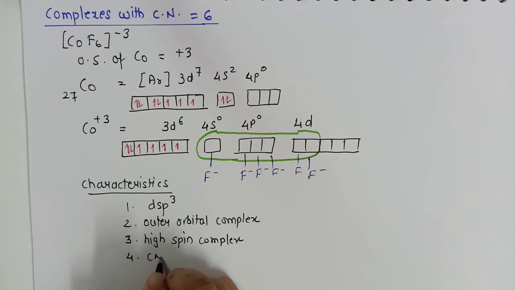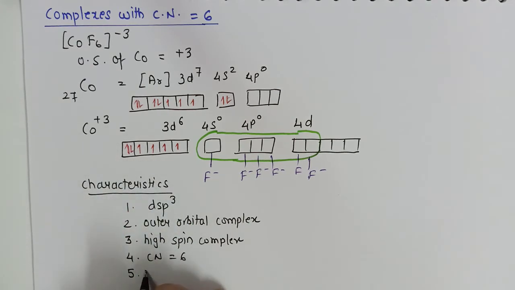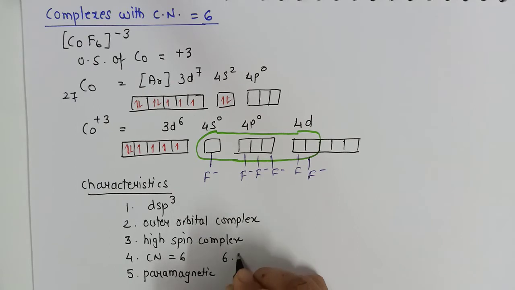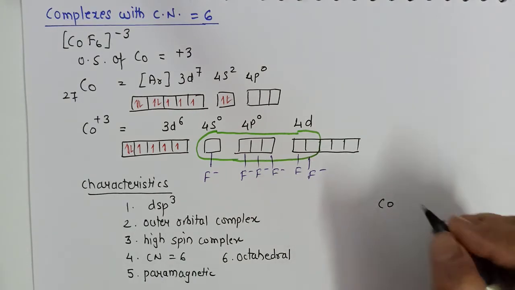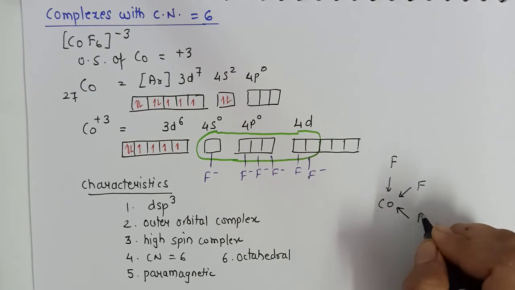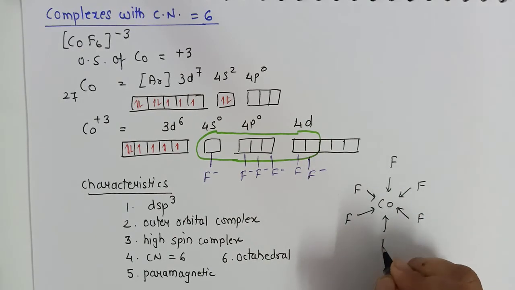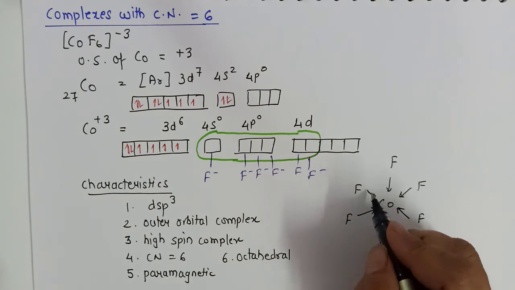We know its coordination number is 6, and most importantly, since there is a presence of 4 unpaired electrons, it is paramagnetic in nature, and its structure will be octahedral. So these are the characteristics: structure octahedral. So 4 fluoride occupying the place of a square, and 2 fluoride will be at axial position.